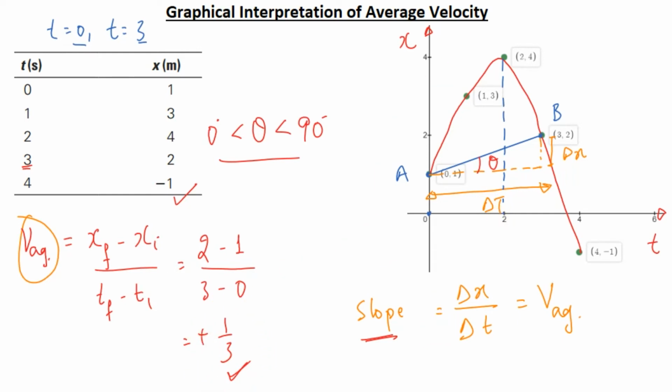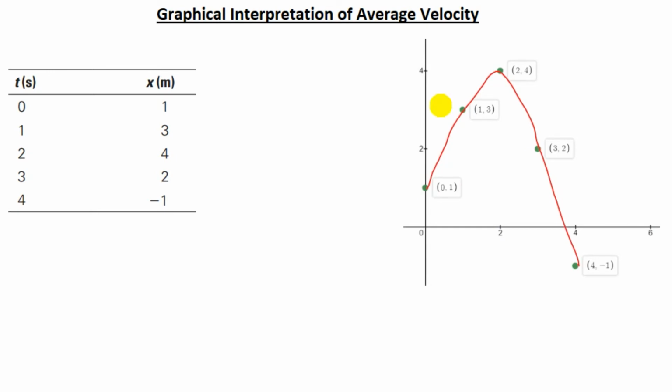Now we'll be finding the average velocity of the particle from time interval t equals 2 seconds to t equals 3 seconds. So at time t equals 2, this is the position. Let this point be A. And at time t equals 3, this is the position. Let this be point B. Now we're going to follow the same procedure.